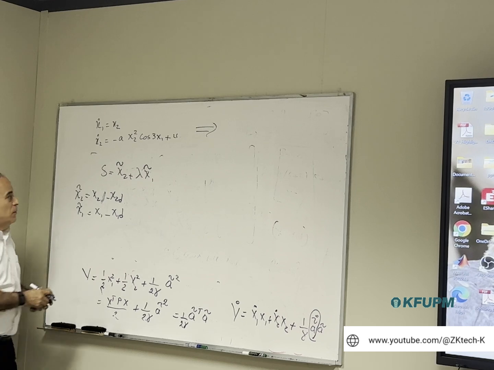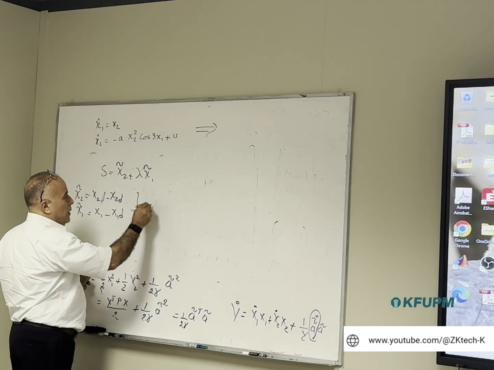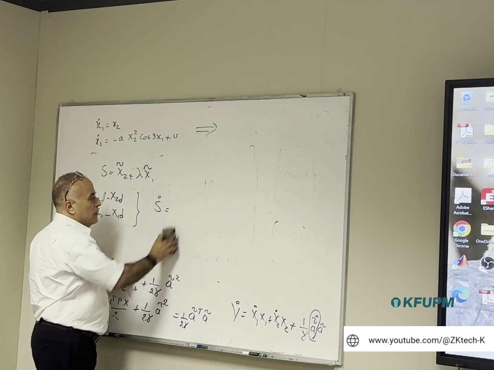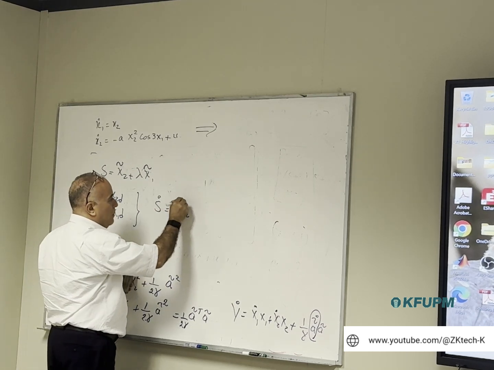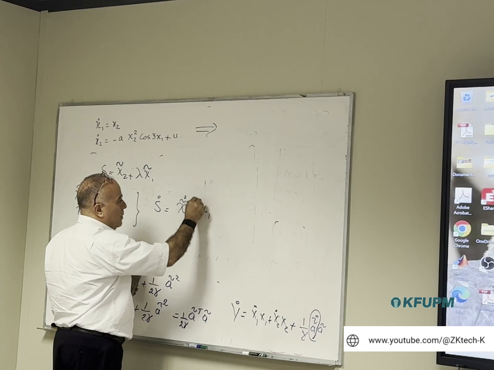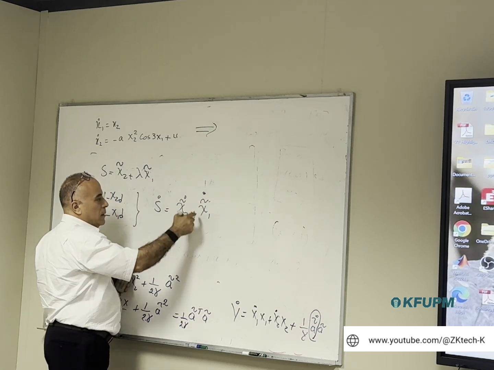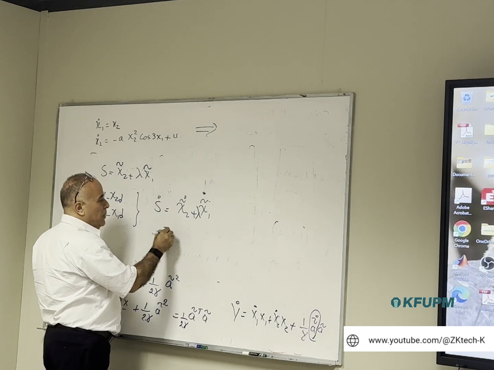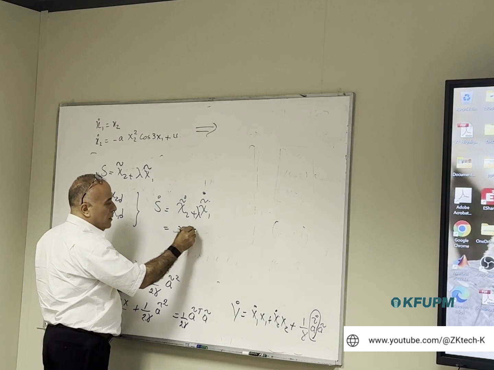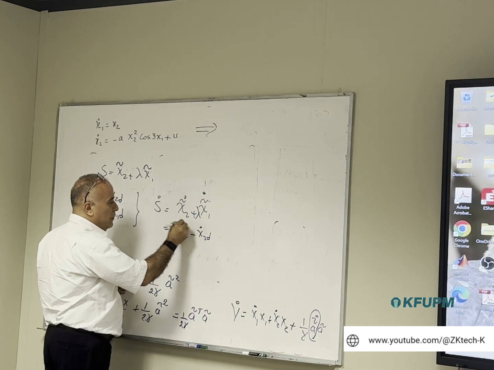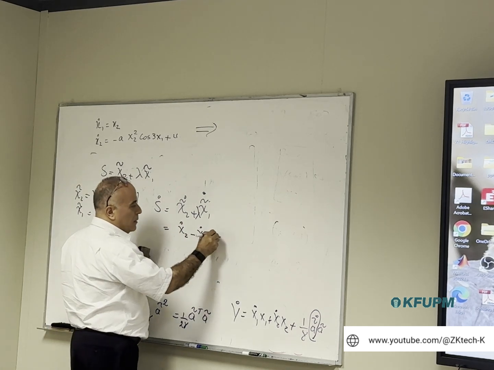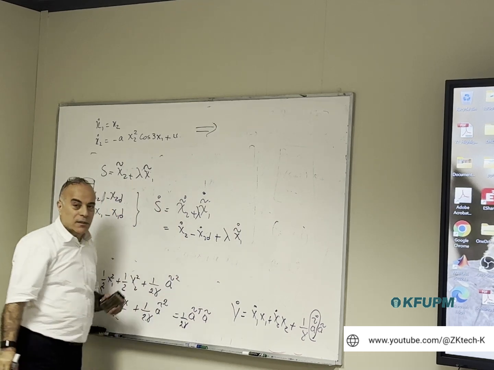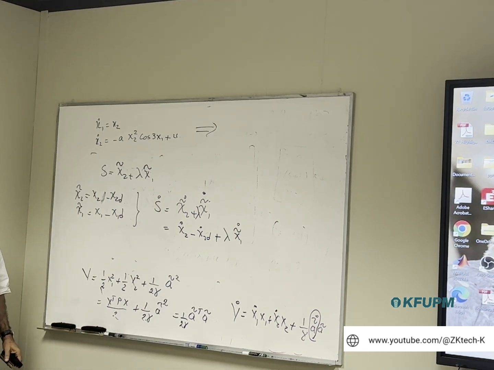Yes. So when you take the derivative, S prime will be equal to x2 tilde prime plus lambda x1 tilde prime. This will be equal to x2 prime minus x2 desired prime plus lambda x1 tilde prime. No need to replace it, you can keep it as it is.